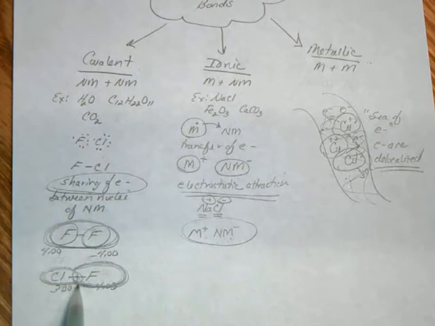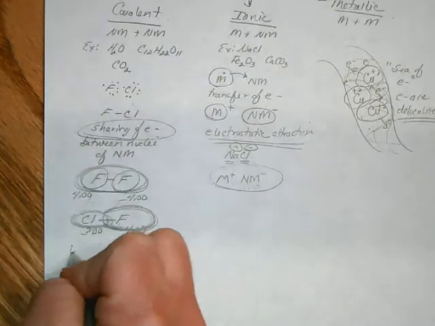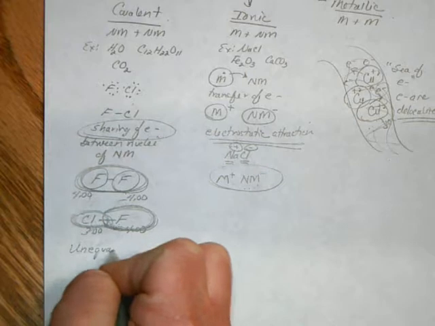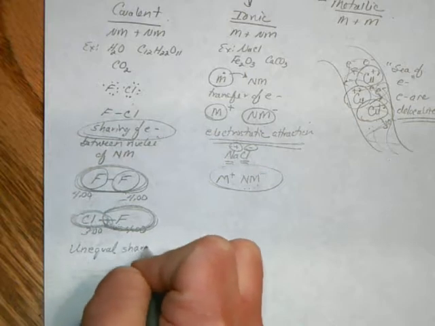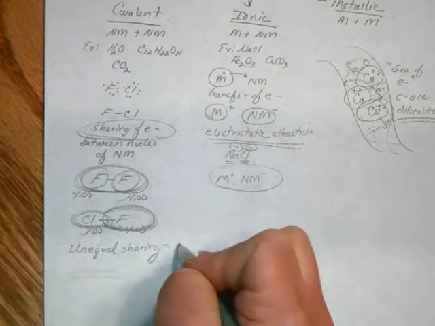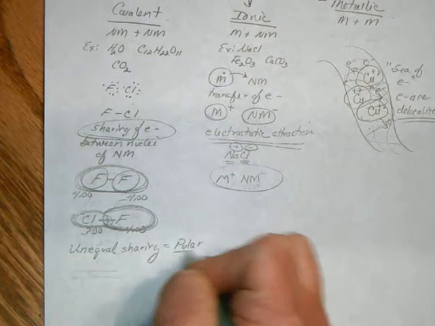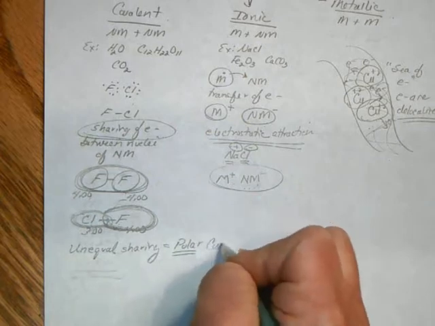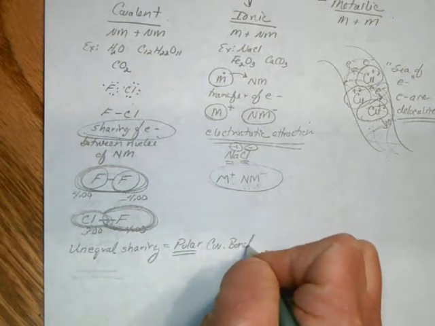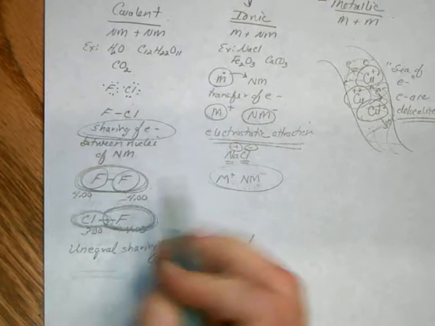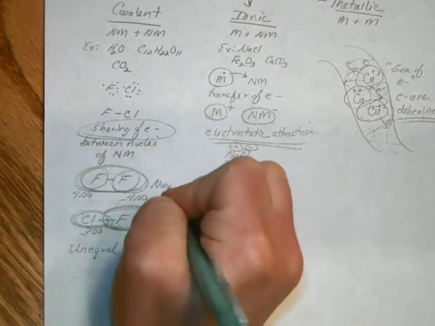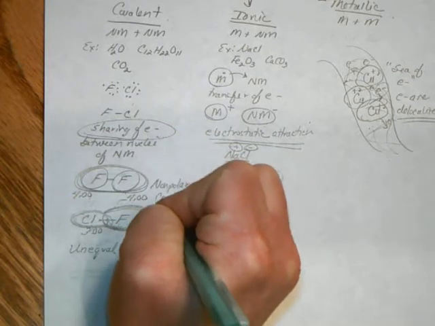They need each other, but it's not an equal sharing. Where there's an unequal sharing, which is the majority of covalent bonds, it is called a polar covalent bond. Where there's equal sharing, that is a nonpolar covalent bond.